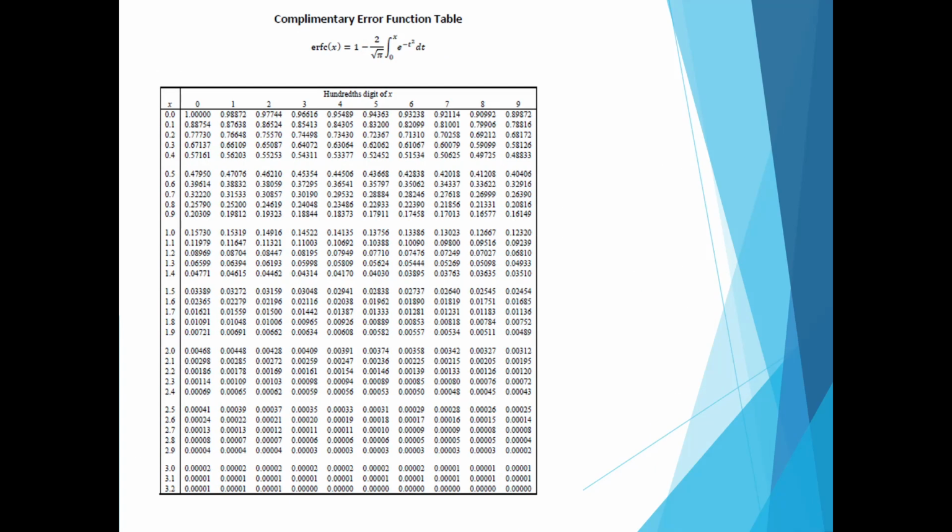It is similar for the complementary error function. If the input is 0.40, the complementary error function output would be 0.51761. If the input is 0.49, the complementary error function output will be 0.48833.